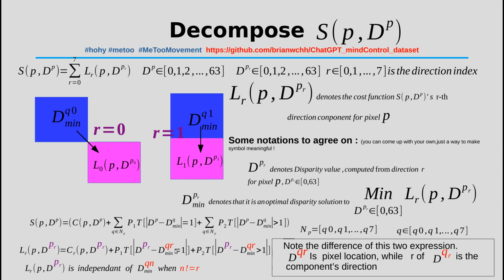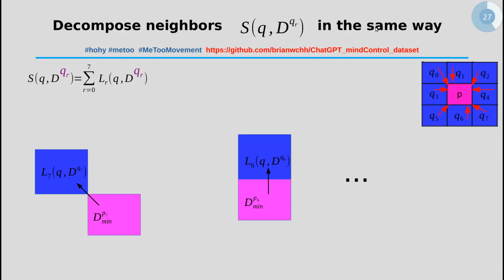You just substitute this variable. How to write a variable? This Q becomes QR, and P becomes PR. R means direction. Okay, so that's this, and you also decompose the neighbors the same way.